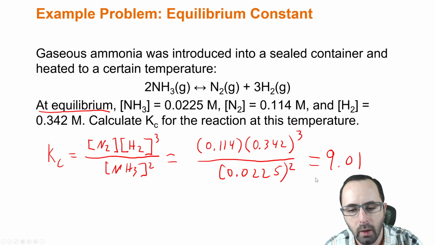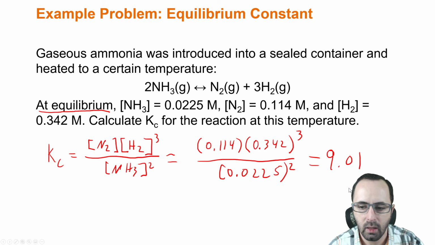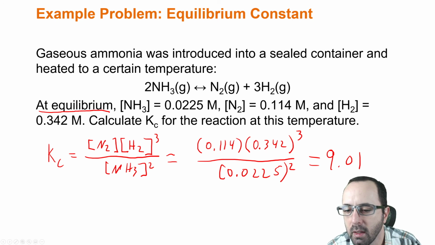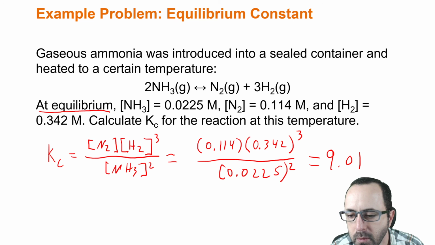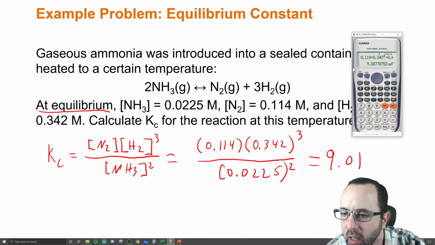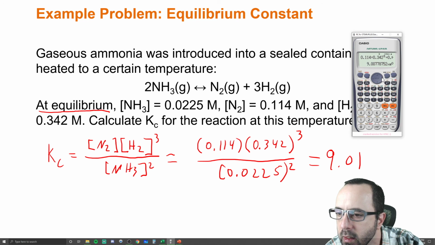Again, we don't have to put units here for an equilibrium constant. And so the problem is done. We have gotten our equilibrium constant. Let me just make sure that I punched the calculator right. Yes, this looks good.